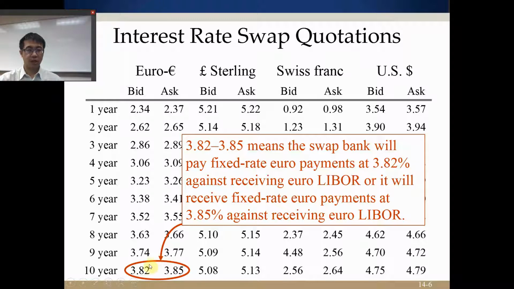From the perspective of the dealer, the 3.82 basically is how much they pay you for a floating loan, and the 3.85 is how much they receive for a LIBOR loan, and these are all loans denominated in euros. And of course, you have data for pounds, Swiss franc, and the U.S. dollar.